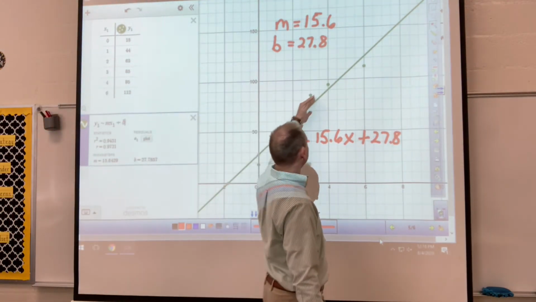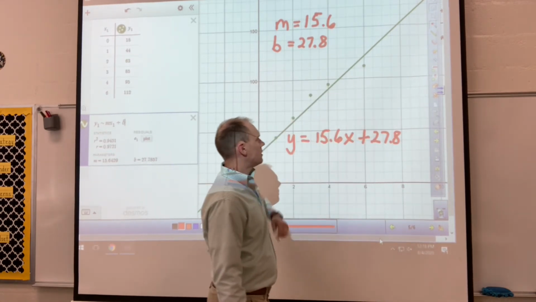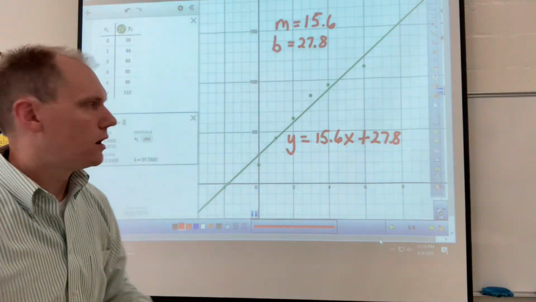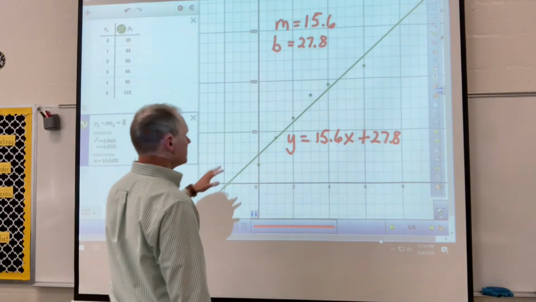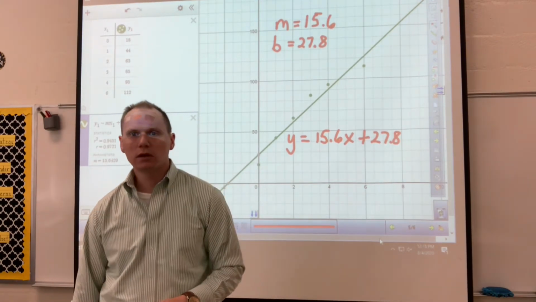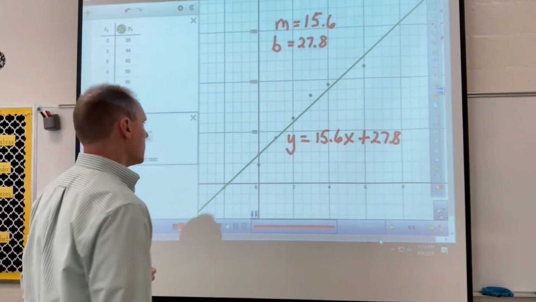Obviously, things are kind of slowing down a little bit. So that may not be the case from 2020 to 2021. But using the data that we have, this is our best prediction for the rate of change per year for this data.